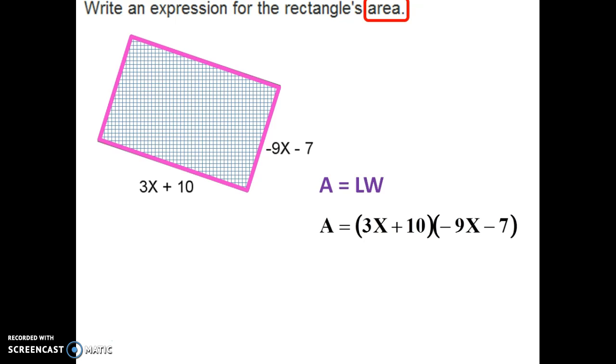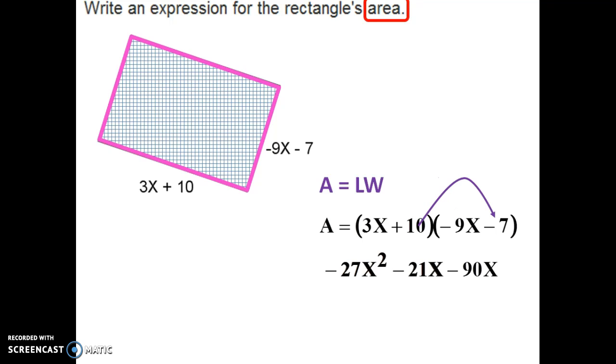We can then use our distributive property here, and we have 3x times negative 9x is negative 27x squared. 3x times negative 7 is negative 21x. 10 times negative 9x is negative 90x.